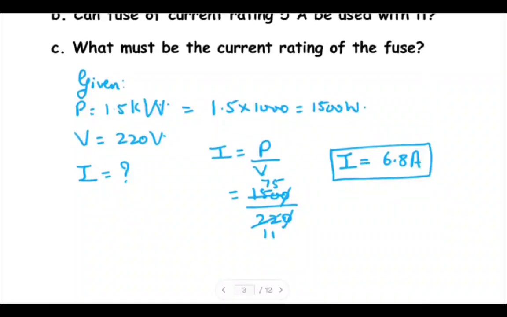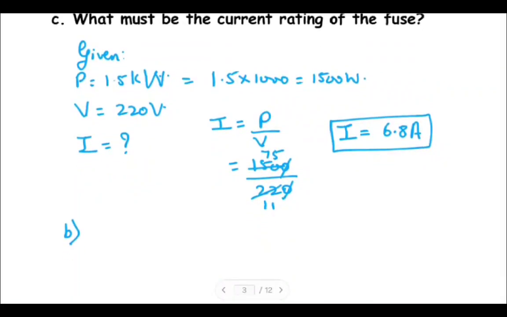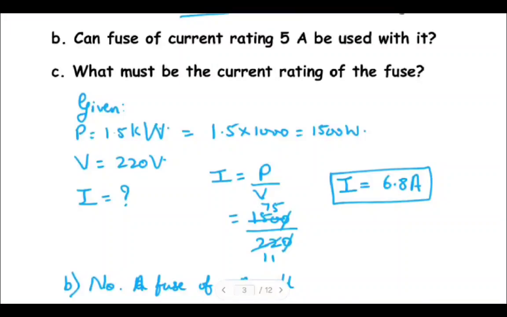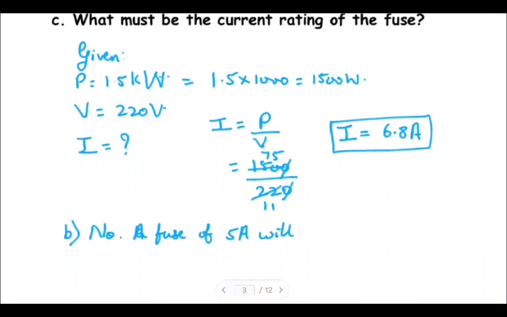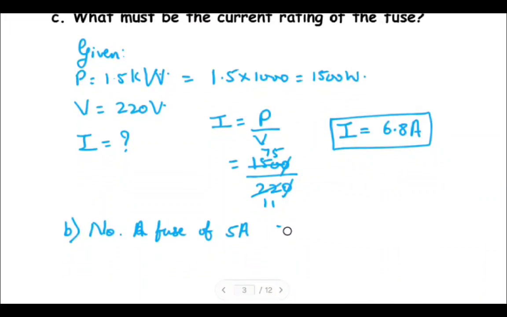So that's why my answer for B will be no. A fuse of 5 ampere cannot be used.